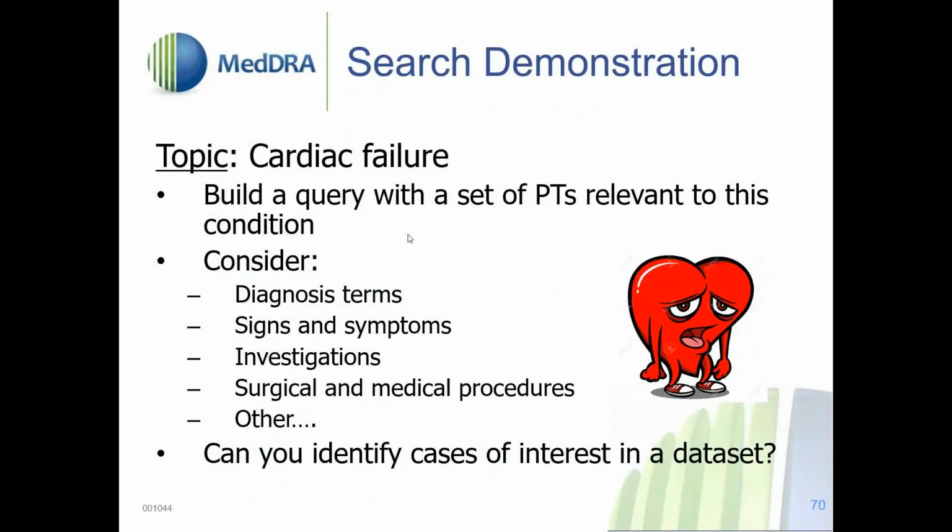So now I would like to show you how to build a query, but we're not going to put all the efforts into reading about cardiac failure I chose. But what I wanted to show you is how you can use the MedDRA browser to collect terms and export these terms into a research bin, and then also provide a spreadsheet to your programmers and so on.